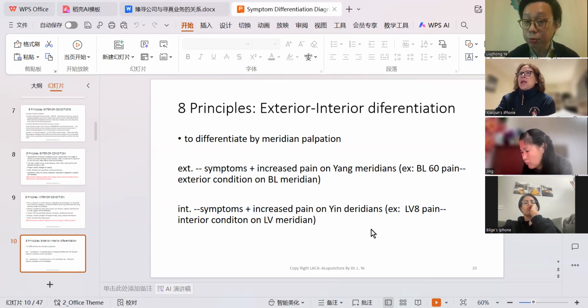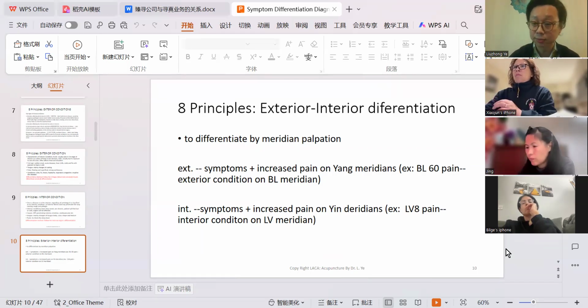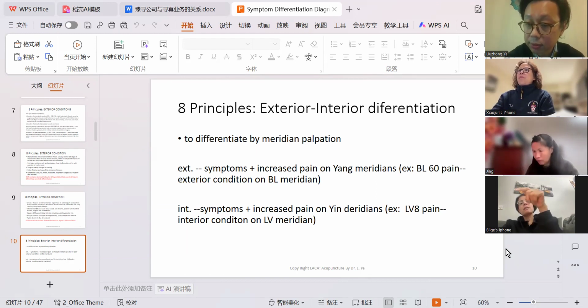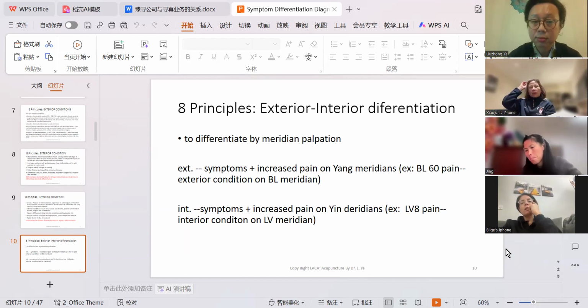Okay, so up to this point, do you understand? Do you have any questions? Just one question, Dr. Ye. If you're not sure in this case, according to this slide, do you palpate literally every meridian just to determine if it's yin or yang? That's right, yes.